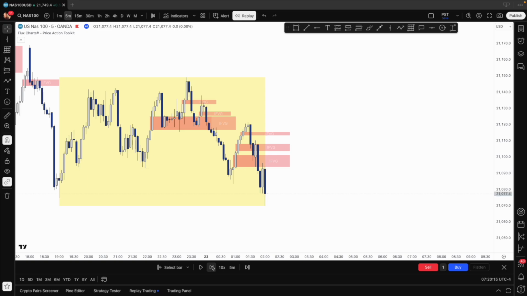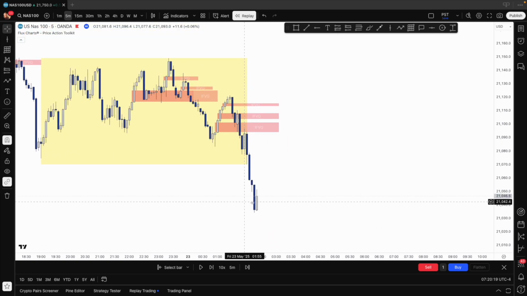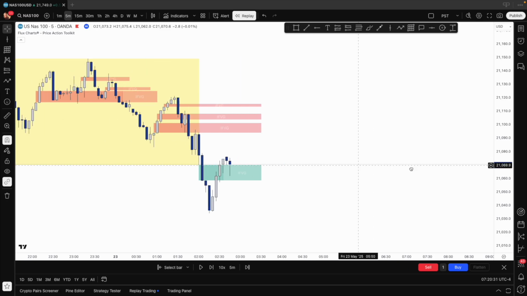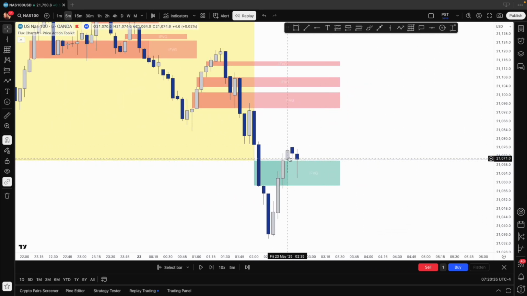So let's play price forward a little bit. Here you can see we took the Asia low right over here. Now we wait for the indicator to create an inverse fair value gap right over there. As you can see, this candle broke through and made this inverse fair value gap.